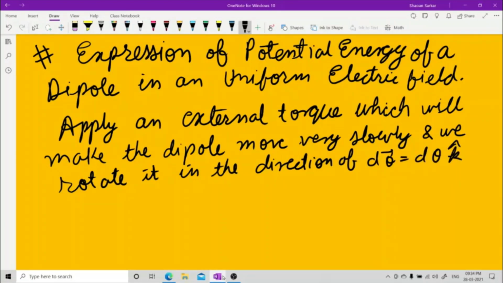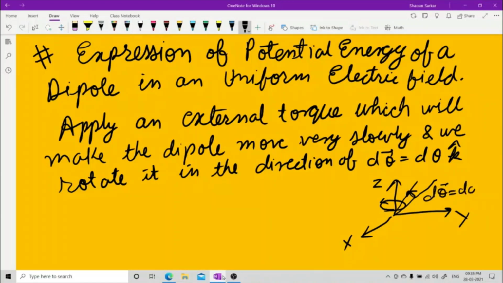Let us understand how to understand this. This is your x-axis, this is your y-axis, this is your z-axis. Now we move the dipole very slowly from here to here, in this direction. The d theta is directed in the sense of d theta k.